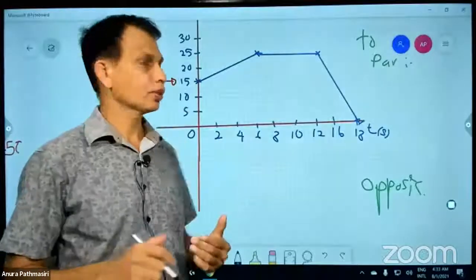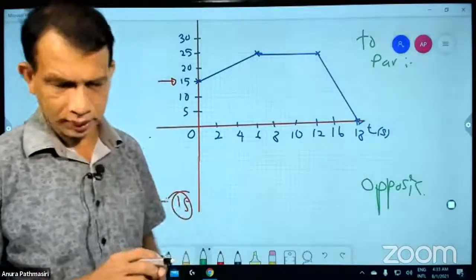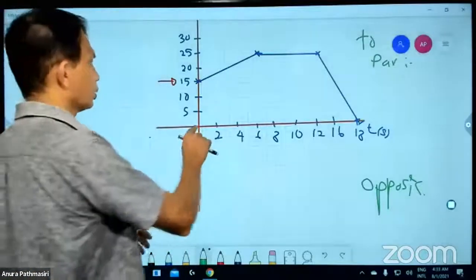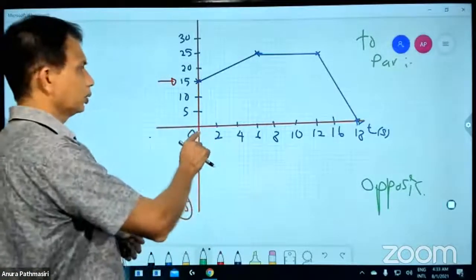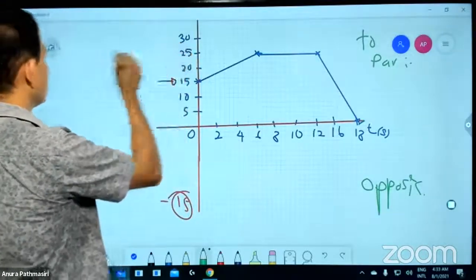So the first question is, what is the initial displacement? When the time is 0, the displacement is 15 meters.